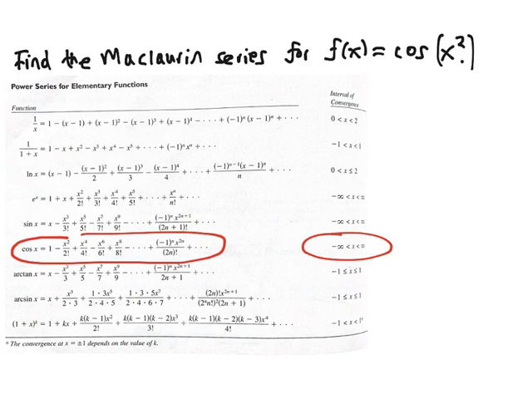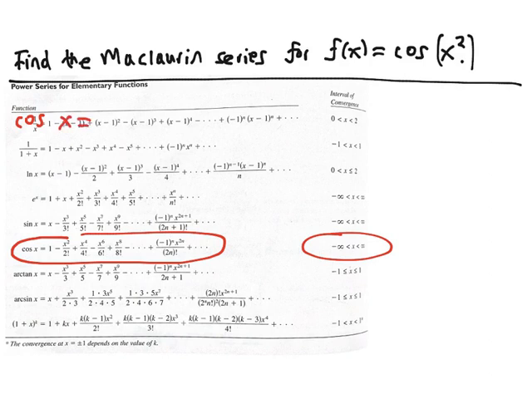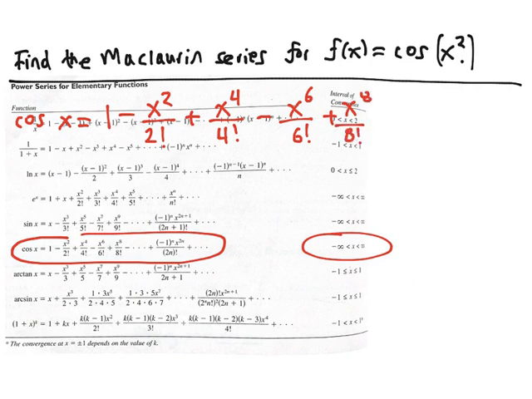So we have cosine of x is equal to 1 minus x squared over 2 factorial plus x to the fourth over 4 factorial minus x to the sixth over 6 factorial plus x to the eighth over 8 factorial, and so on.